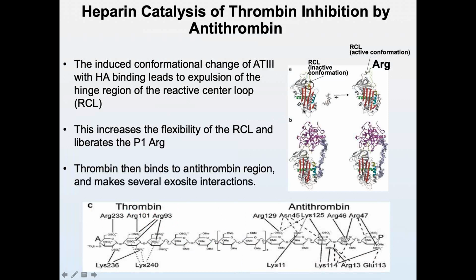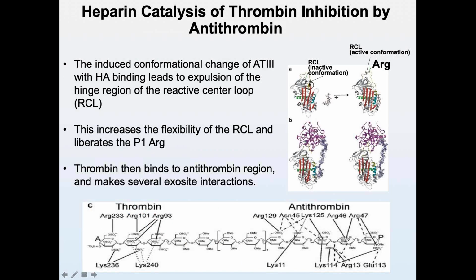So basically you have the pentasaccharide of the heparin, which binds to the antithrombin, which leads to this reactive center loop. When it's not bound to the pentasaccharide, it's in an inactive conformation.